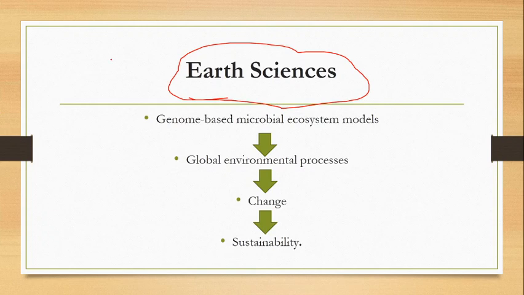Still, now we know that in the nitrogen cycle microorganisms are involved, and we have a list of 8 to 9 microorganisms. Even in the sulfur cycle there are certain microorganisms. But if we apply this technique, metagenomics, a genome based microbial ecosystem model, instead of only 10, 20 or 100 microorganisms, we will get the idea of lakhs of microorganisms having a function in that particular environment.